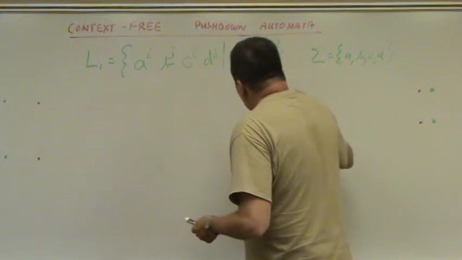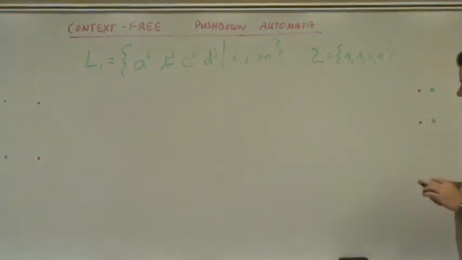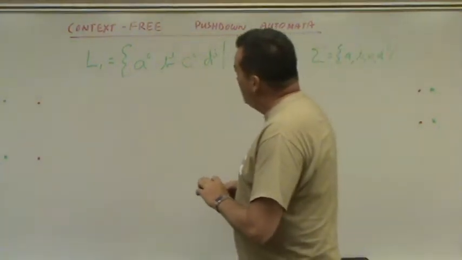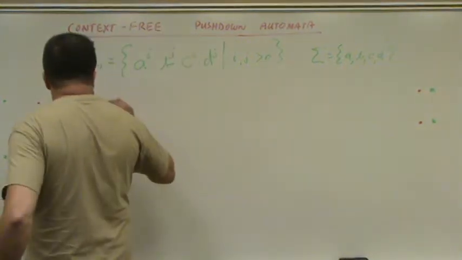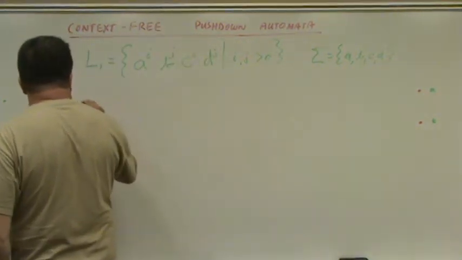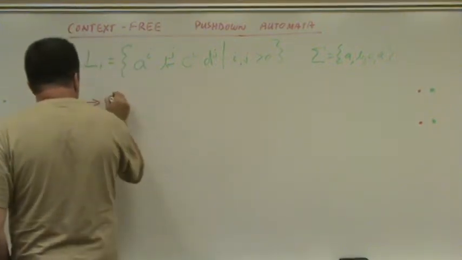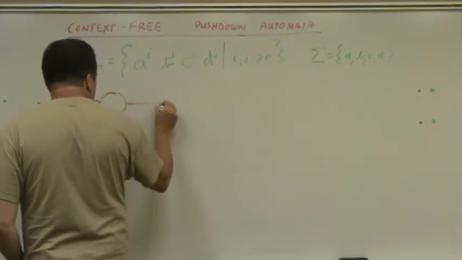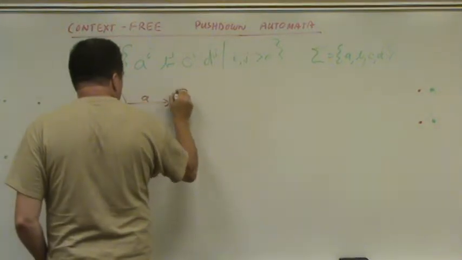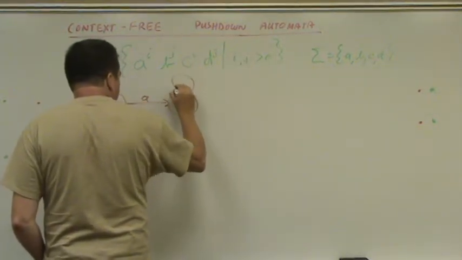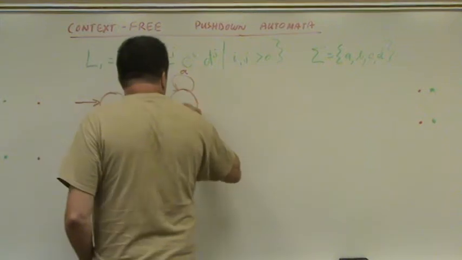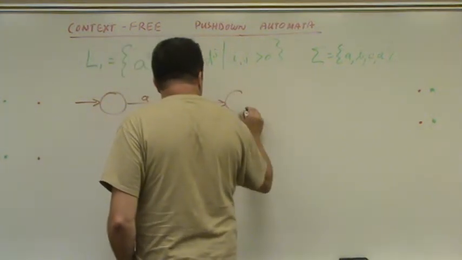So what we're going to say is you can have a finite automata for this. You start off at A, you read in A, you perform a memory operation. As long as you keep reading A's, you keep performing a memory operation.